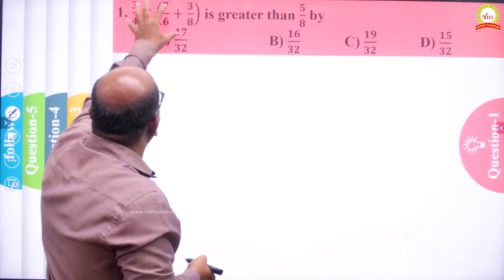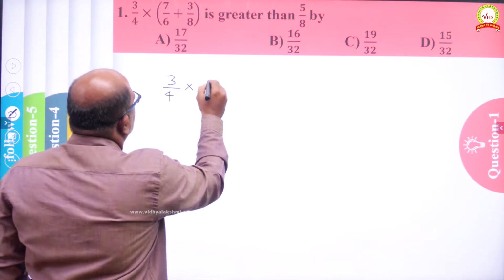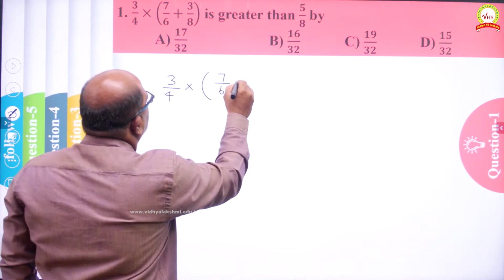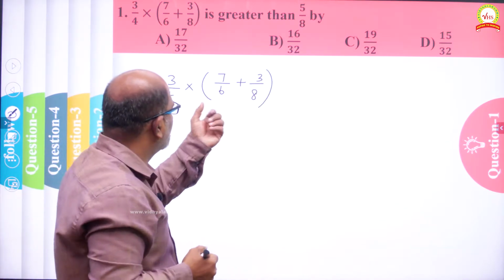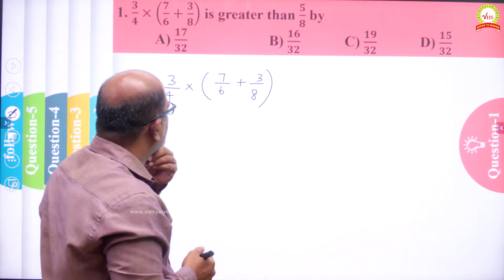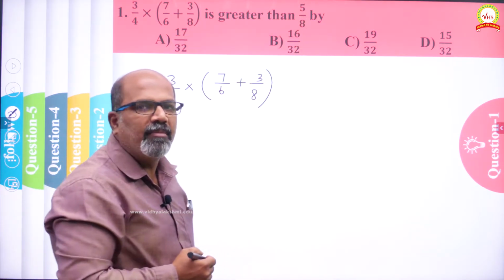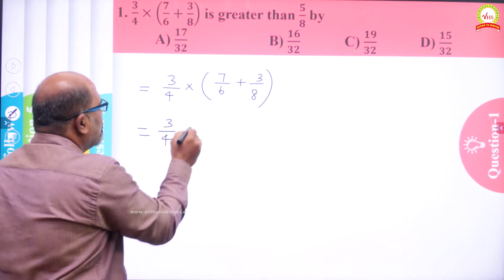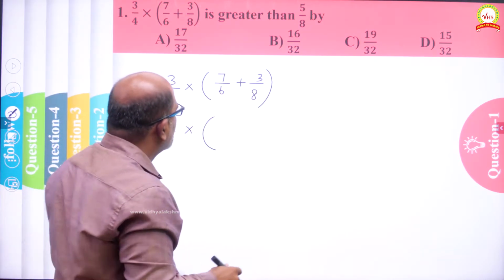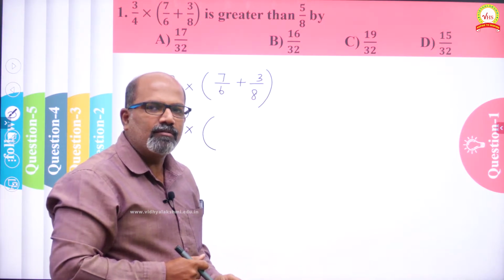First I want to take this expression, 3 by 4 multiplied by 7 by 6 plus 3 by 8, and simplify it. Then only can I compare with this fraction 5 by 8. For simplification, first I simplify the expression within the bracket, and the LCM between 6 and 8 is actually 24.